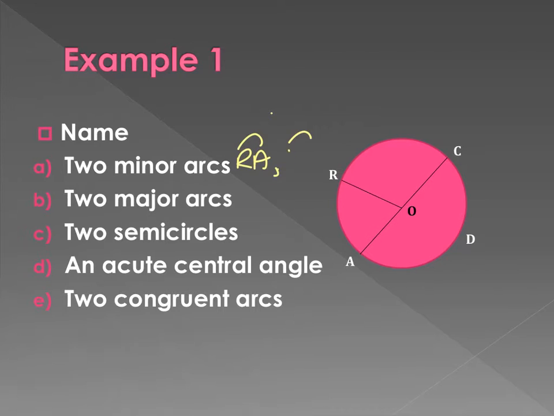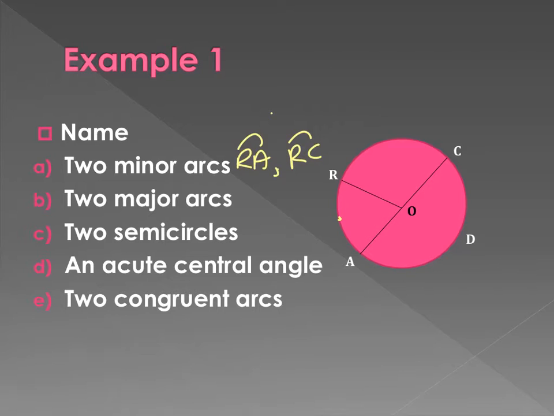Good, RC. Or CR, same thing, right? Okay, Alejandro. Can you name them with 3 letters? Typically, if there was an extra letter in there, then you can. Typically, you don't need the 3rd letter for a minor arc. But if there was a letter here, and I called that ABR, that's still the same arc.